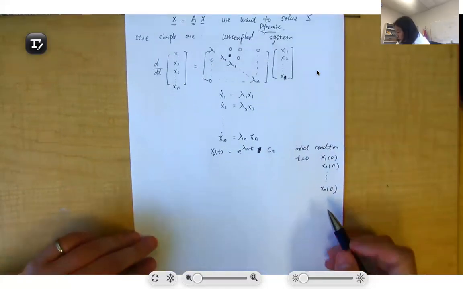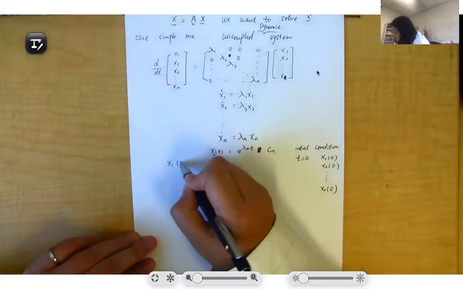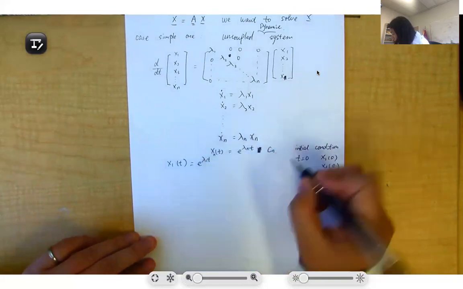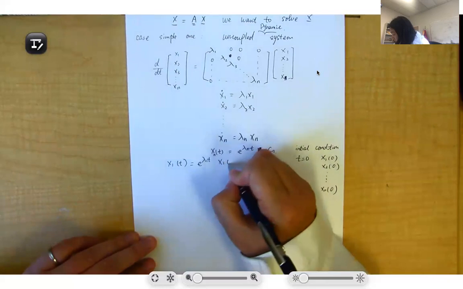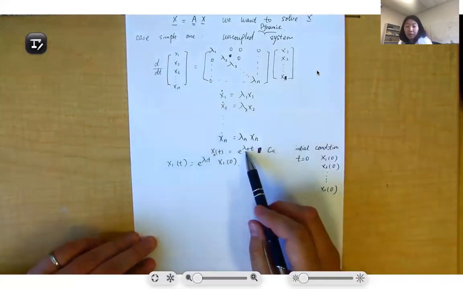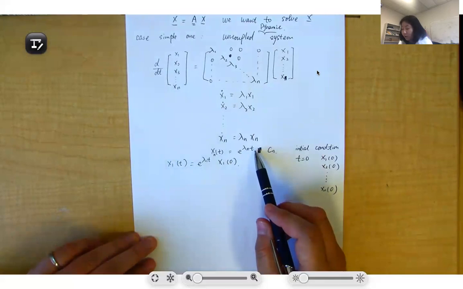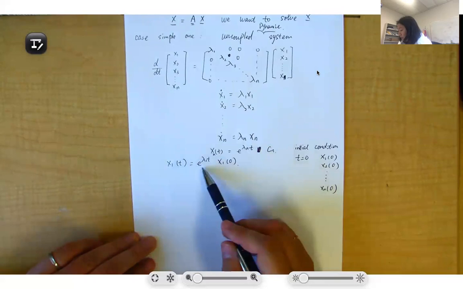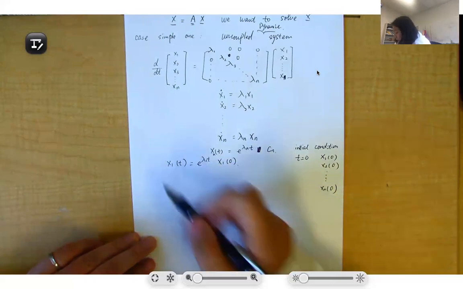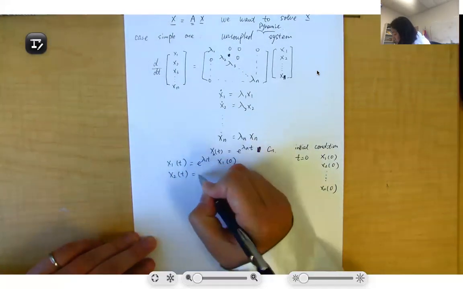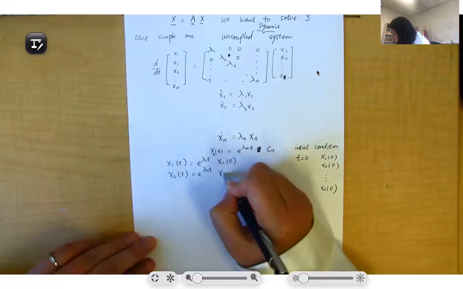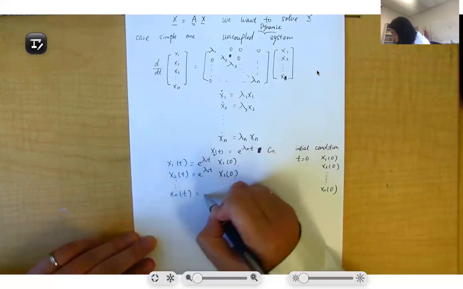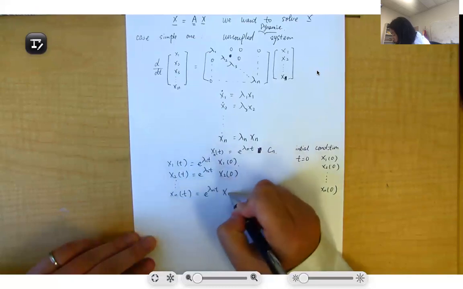Then our final solution will look like x1(t) equals e to the lambda 1 t times cn, which will be just x1(0), because at t equals 0, e to the lambda n t is just 1. So x1(t) equals e to the lambda 1 t times x1(0), x2(t) equals e to the lambda 2 t times x2(0), until xn(t) equals e to the lambda n t times xn(0).